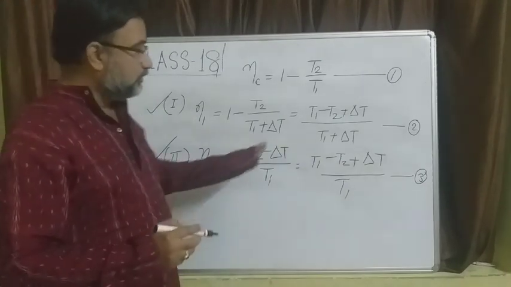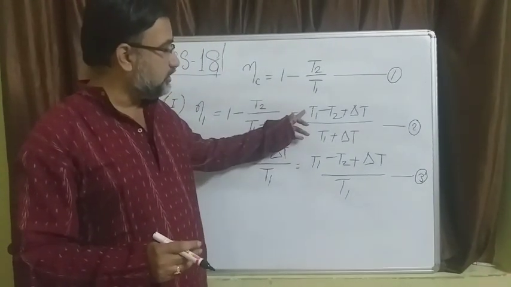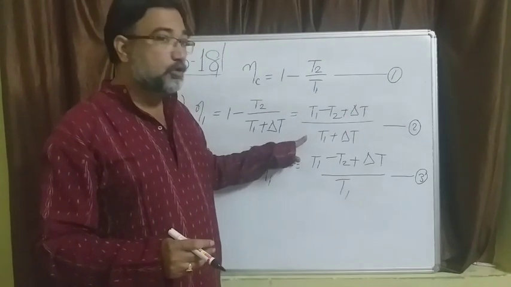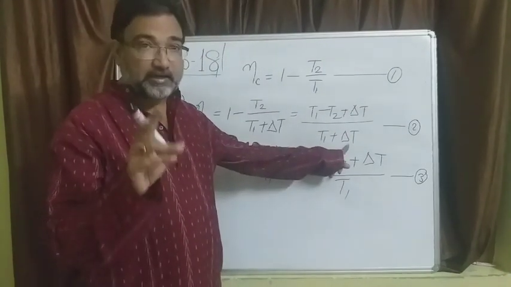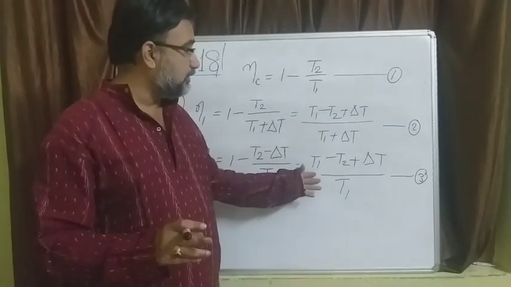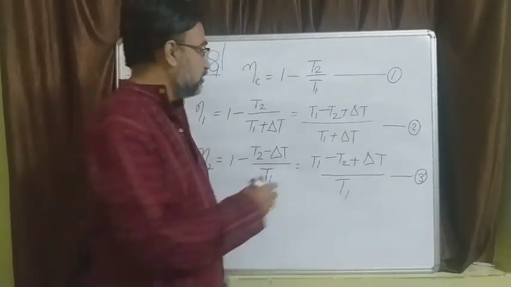Now compare these two terms, which one is bigger? You can see the numerator is the same, T1 minus T2 plus delta T in both. Come to the denominator, this one is bigger and this one is smaller, because delta T is finite and positive. So out of expressions 2 and 3, obviously this one is bigger.